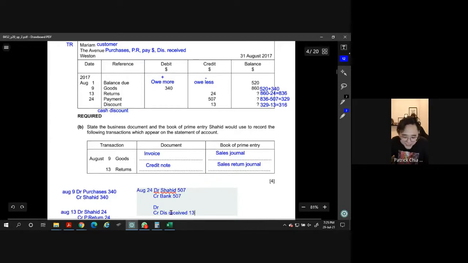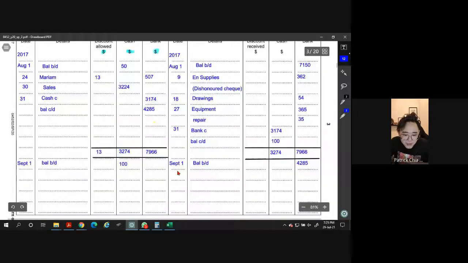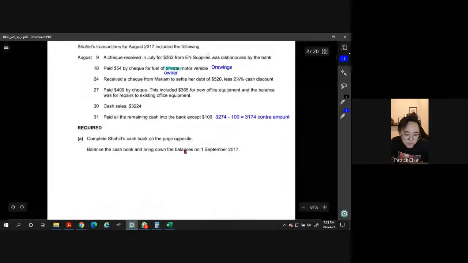Oh, okay. So CR discount received, then I debit Shahid also. The actual double entry to write for this one: if you look at the question, we receive a check from Mariam to settle her debt of 520. So the total amount owed by Mariam is actually 520.